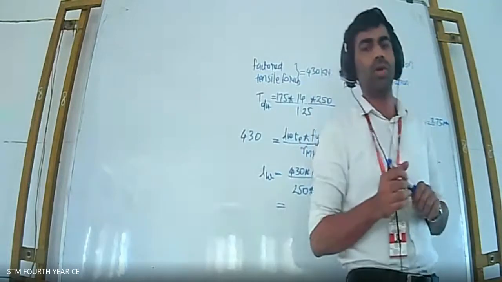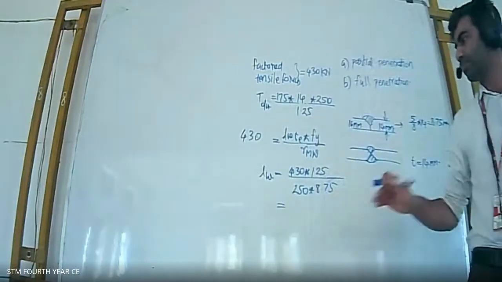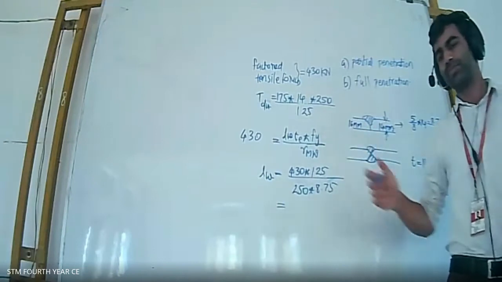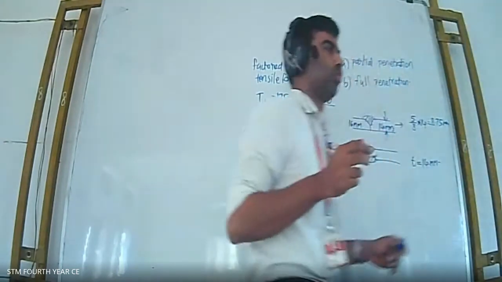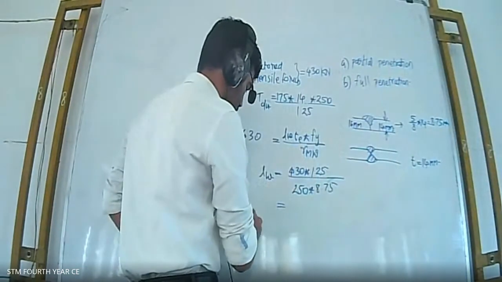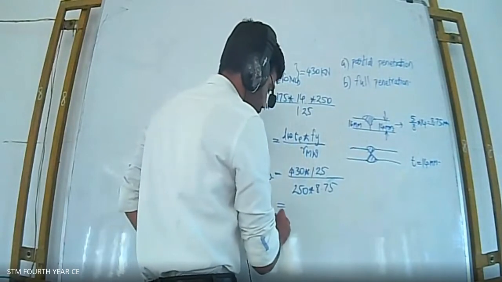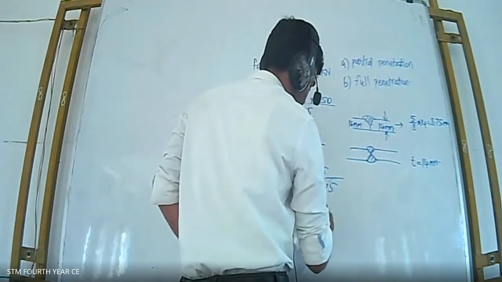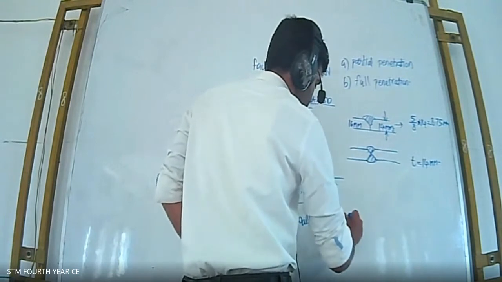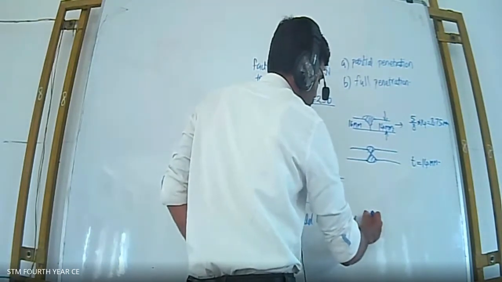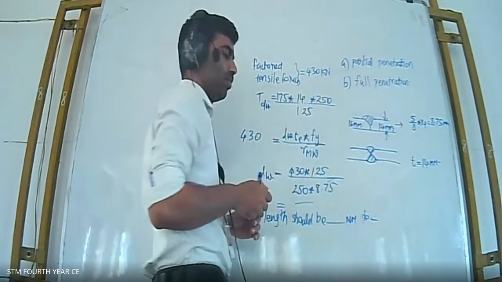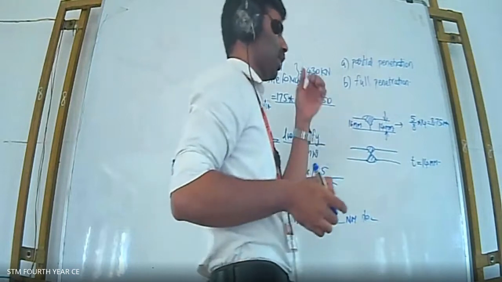Okay, so then you have to substitute for the value. This much value you will get. You have to write the weld length, or the effective length of weld, should be this much millimeter to transfer the load safely for the case of partial penetration.